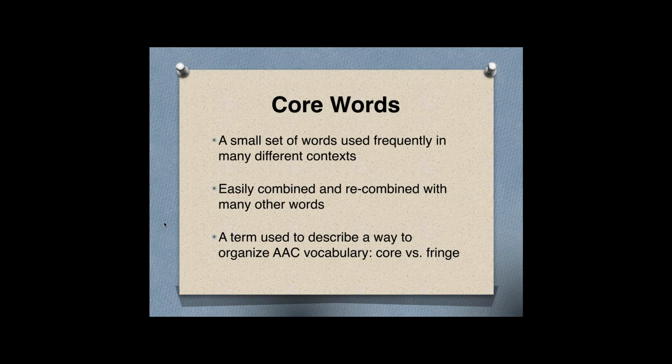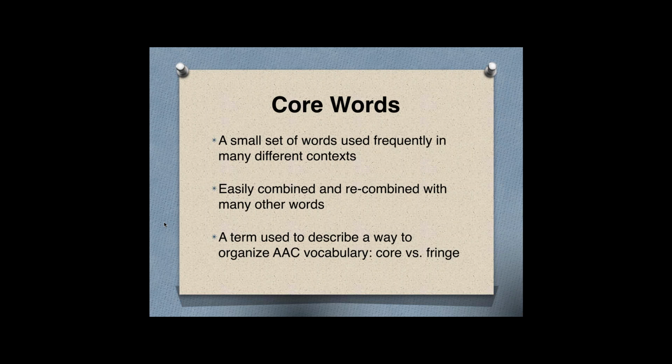Core words make up the bulk of what we talk about or how we talk. And these are words that are really easily combined and recombined with many other words to form a whole bunch of different messages. And when people refer to core words, it's just a reference to one way that we can organize a communication system vocabulary.